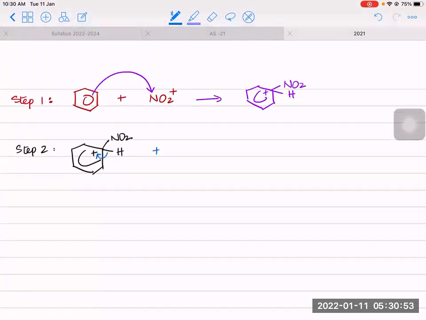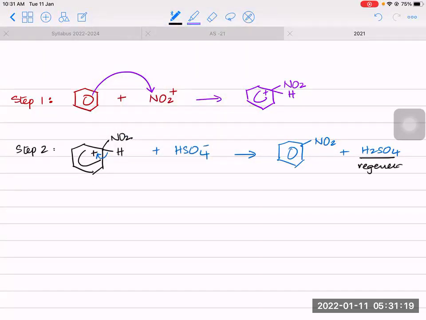We take the HSO4 minus because the catalyst needs to be regenerated. So the H plus with the HSO4 minus will become H2SO4. So it will reform the catalyst. Do you see H2SO4 is regenerated? Clear?